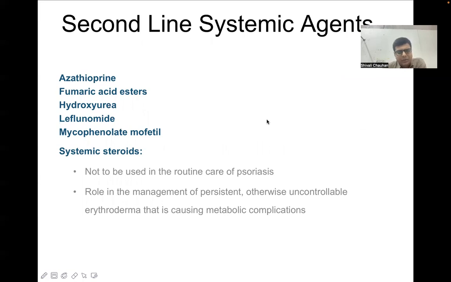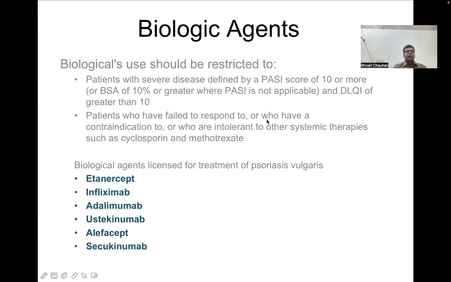Systemic steroids should not be used in routine cases of psoriasis. Its role in management is otherwise uncontrollable erythroderma and causing metabolic complications. Nowadays, newer agents called biological agents are used in treatment of psoriasis. Biologicals use should be restricted to patients with severe disease defined by PASI score of 10 or more, a body surface area of 20% or greater where PASI is not applicable, and DLQI of greater than 10.